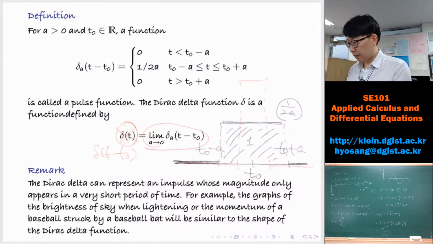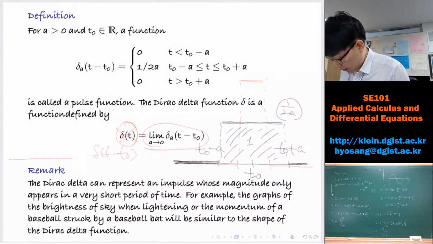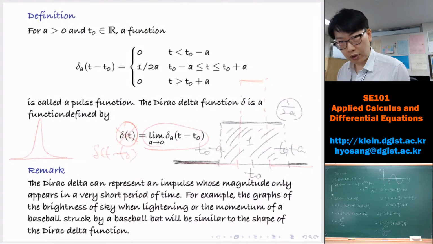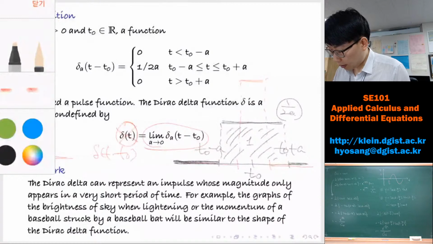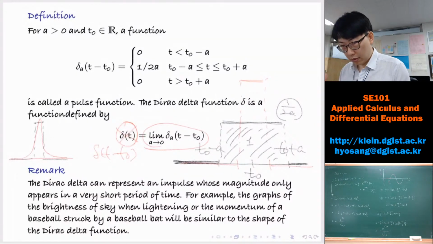So I'm trying to get this situation in a nice mathematical graph. In real life we have this sharp transfer or burst of energy, but I'm trying to approximate it using this delta a function, and to exaggerate by sending a to 0.